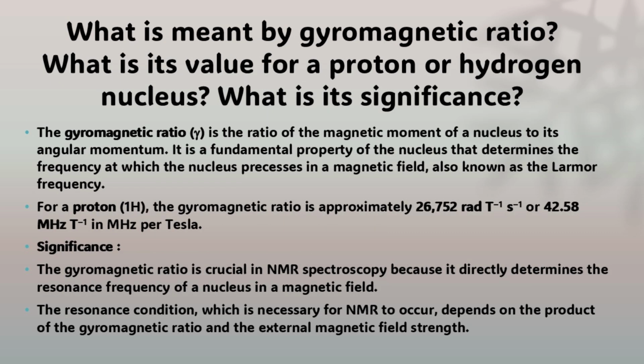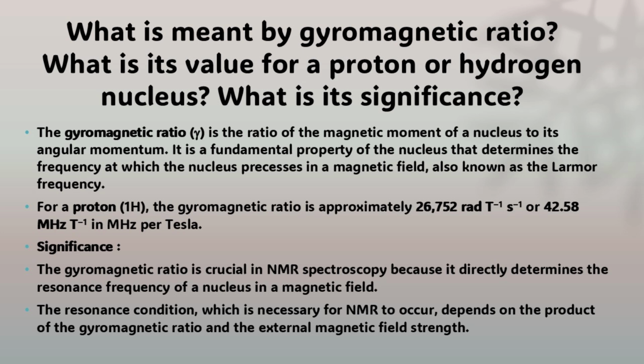The next question is question number 17. What is meant by gyromagnetic ratio? What is its value for a proton or hydrogen nucleus? What is its significance? Explain in detail.